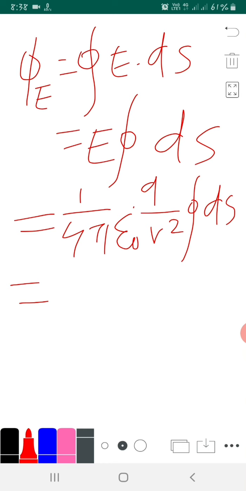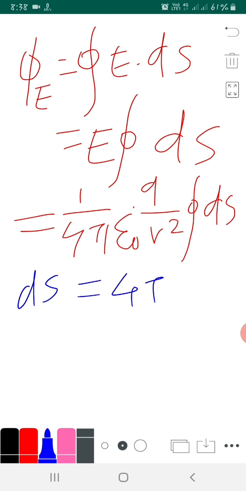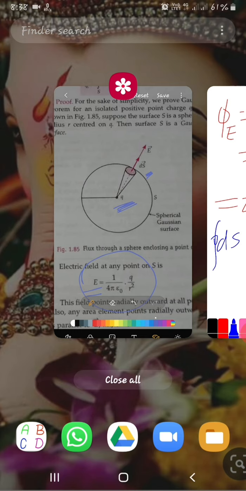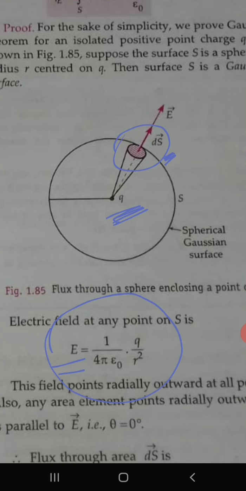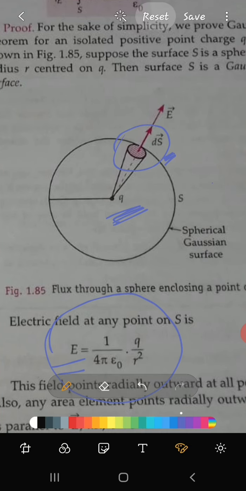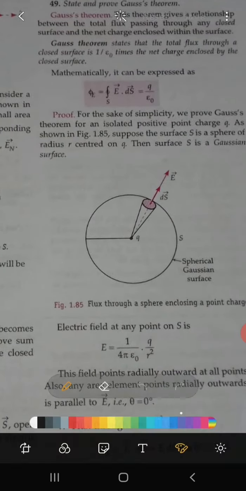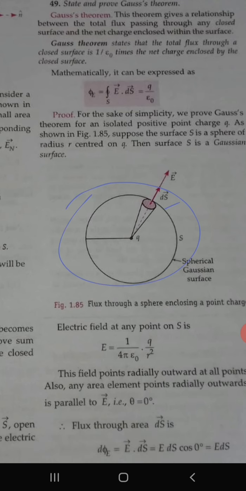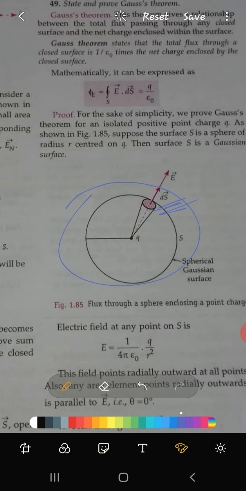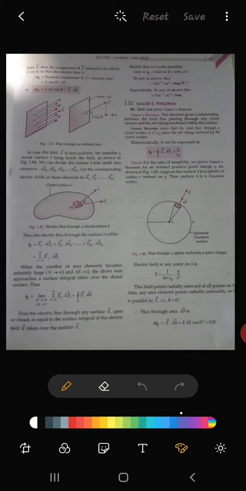So the integration of ds is 4 pi r square, because ds is a small surface area and the sphere is made of a large number of these small ds, as we have seen in class 11 also.